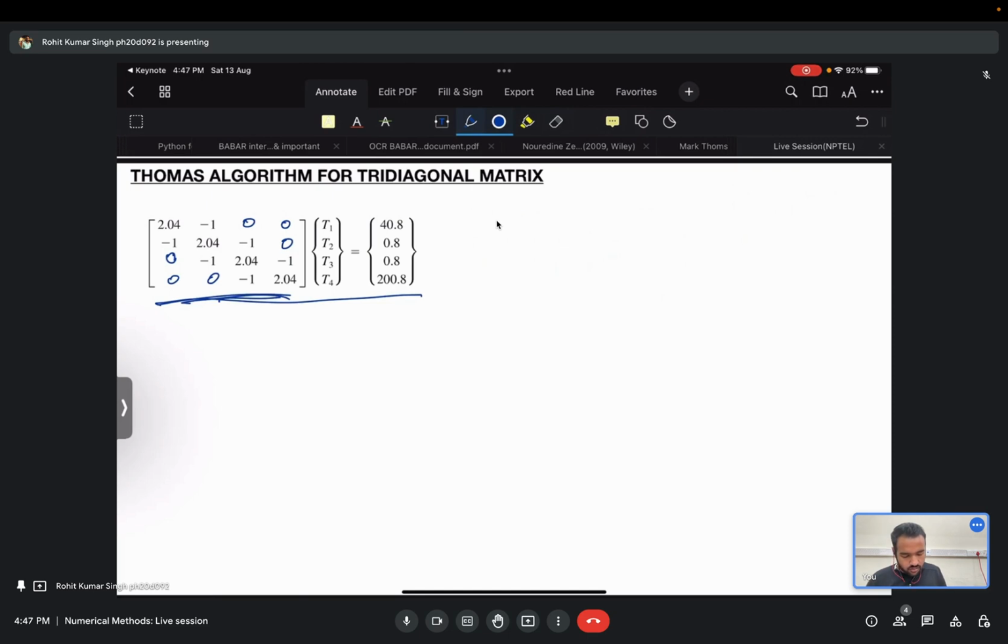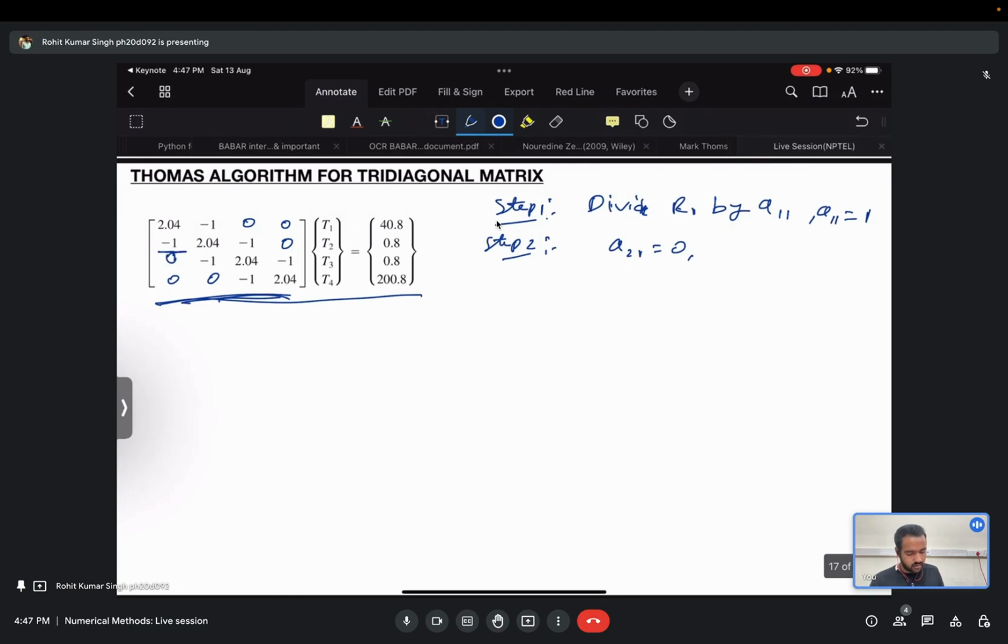So here the first step is to divide the first row R1 by a11, so that a11 is equal to 1. This is the first step. Then in step 2, if we want to make this element a21 zero, how would we do that?